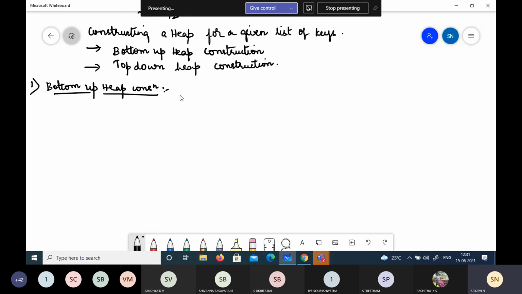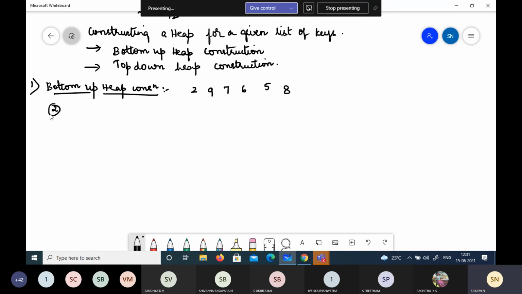Let me take an example and explain, then it will be more clear. If I just keep telling, it's of no use. Suppose you are given elements like this: 2, 9, 7, 6, 5, and 8. What does the first step say? We construct a binary tree with these 6 nodes, placing the keys in the order given.